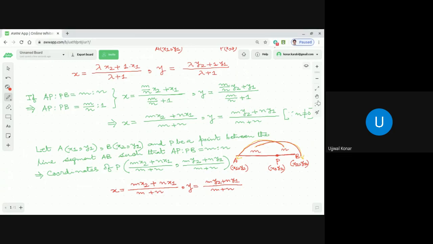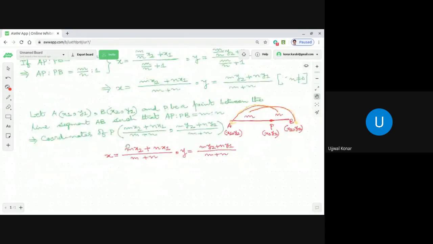So this implies P divides the line segment AB in the ratio m is to n internally.